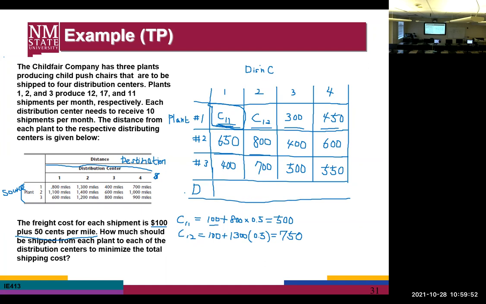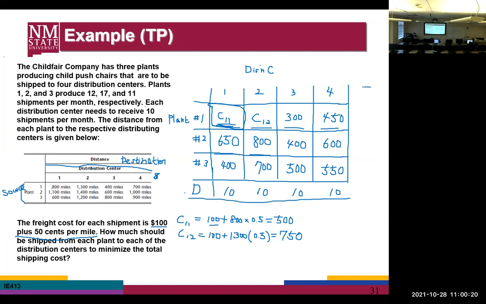So here, let's say each distribution center needs to receive 10 shipments per month. For each distribution center, the demand amount is 10.